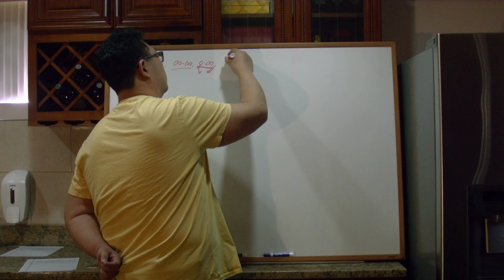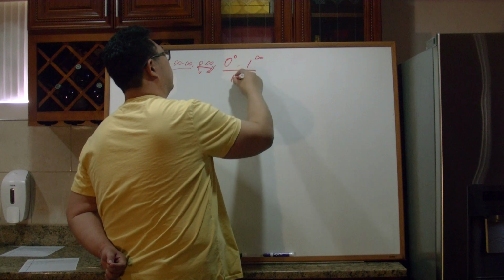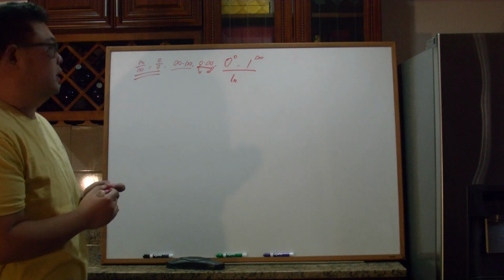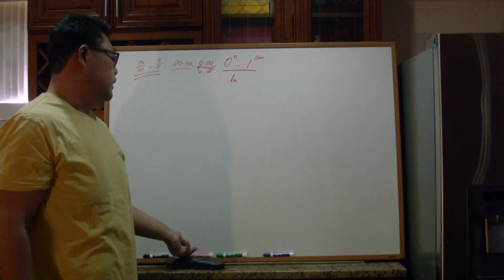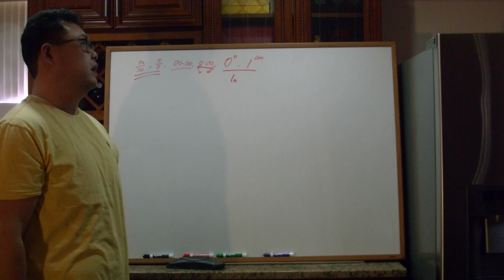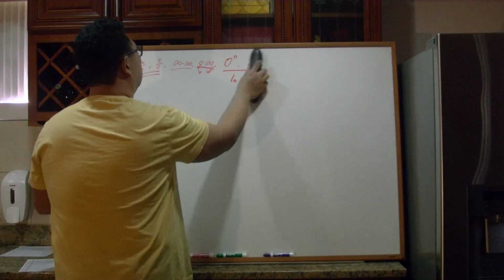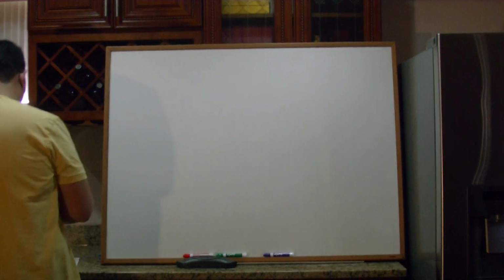And for 0 to the 0 or 1 to the infinity, we set it to y and apply the natural log to them, to bring the exponent back to a product. Then the product can be a quotient. So everything we need is already here.